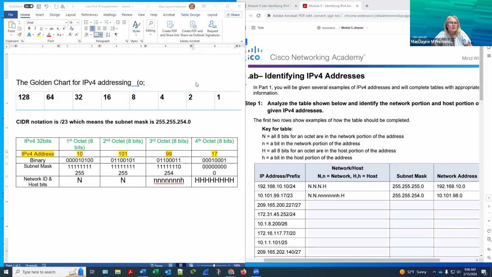So when we look at the golden chart, when you add this up, it equals 255. And 255 is in your subnet mask addressing. This will always equate to, when you add 128 plus 64 plus 32 plus 16, if you look at it, it's really just doubling it: 8, 4, 2, and 1, it will equate to 255. All right, so we got that down.